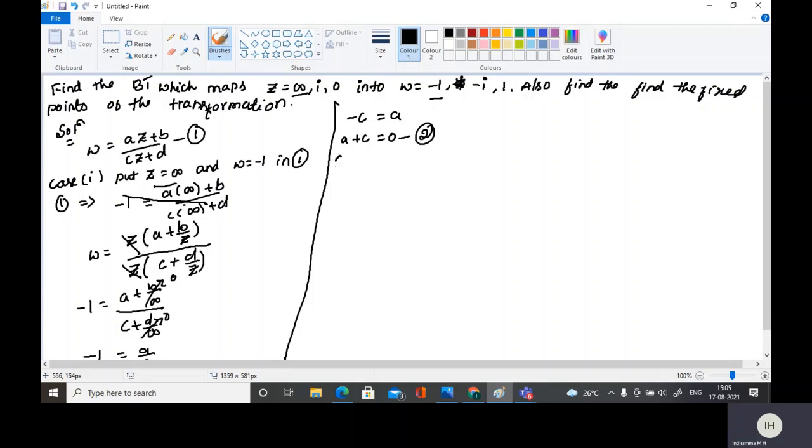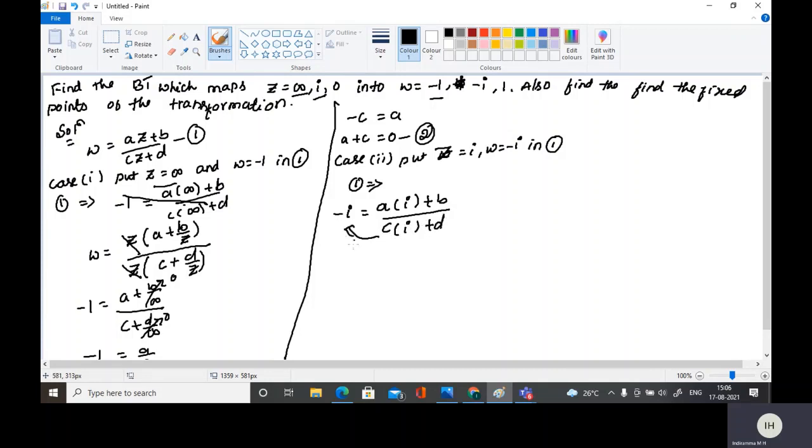Next go for case 2. What is case 2? Put z is equal to i and w is equal to minus i in equation 1. So equation 1 becomes minus i is equal to (a into i plus b) by (c into i plus d).